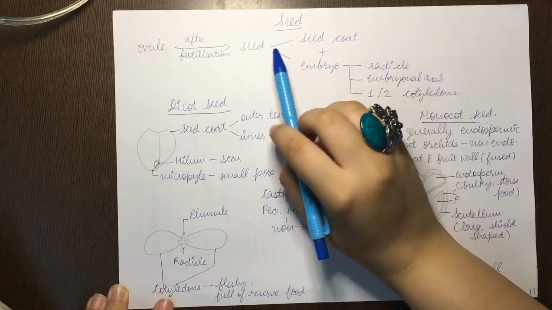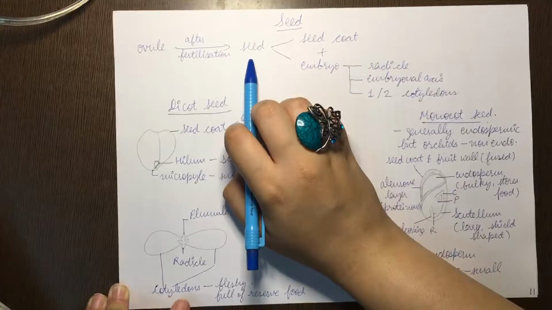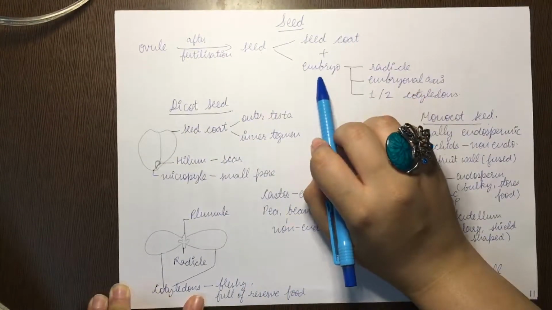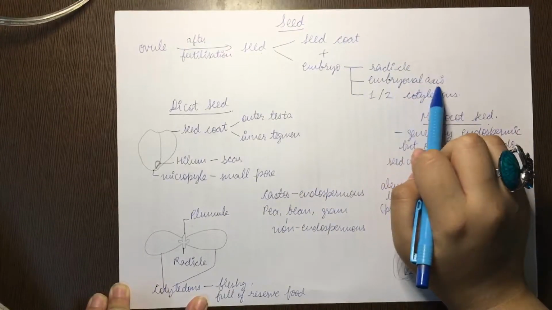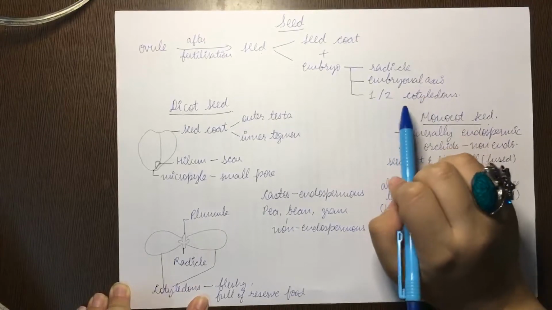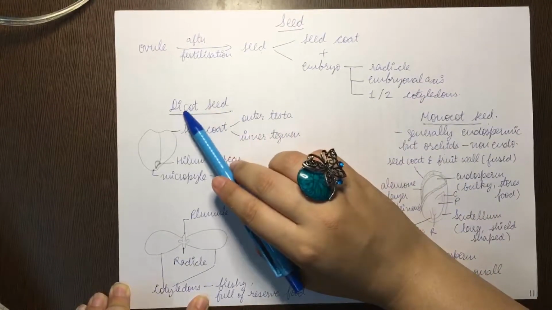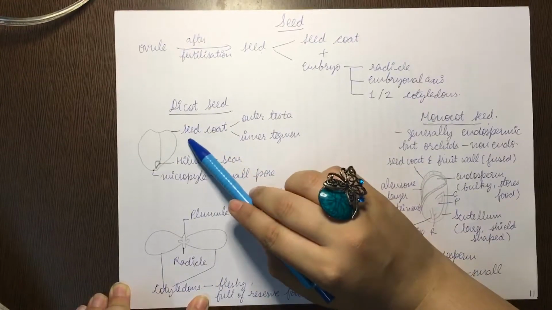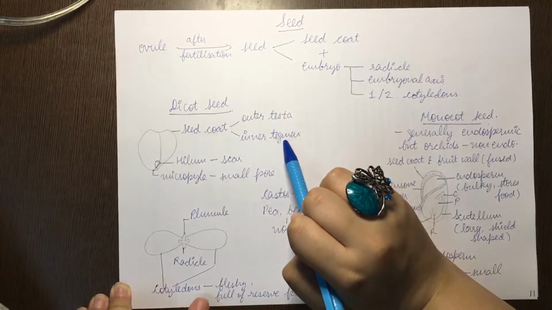Seed. The ovules after fertilization become seed, and seed has two parts, seed coat and embryo. Embryo further has the radicle, embryonal axis, and one or two cotyledons. For a dicot seed, dicot here means two cotyledons. There's the seed coat, which is divided into outer testa and inner tegmen.